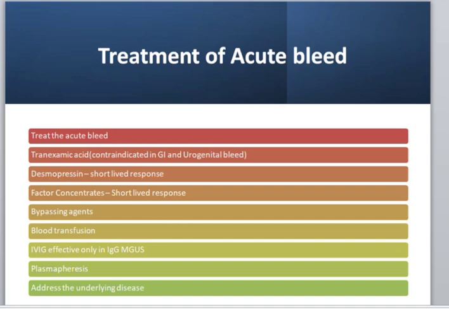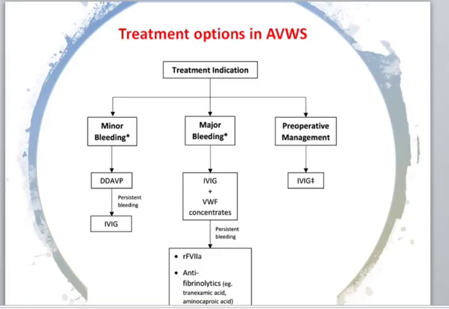If you have LVOT obstruction as a cause of acquired von Willebrand syndrome, then you need to contact cardiology to intervene in this patient as well. If it is a drug cause of acquired von Willebrand syndrome, then you need to remove the offending drug from the drug chart.